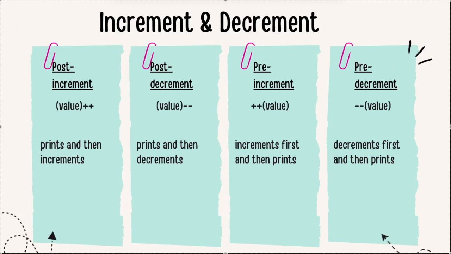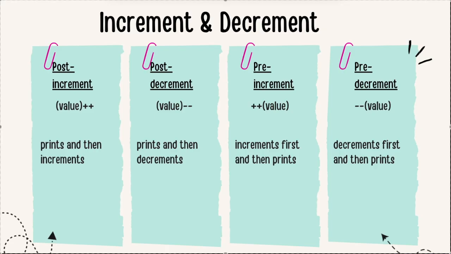Let us understand increment and decrement. They are of 2 types: post and pre. Post is subdivided into post increment and post decrement. Similarly, pre is also subdivided: pre increment and pre decrement. Now, what is the syntax or layout to write them?